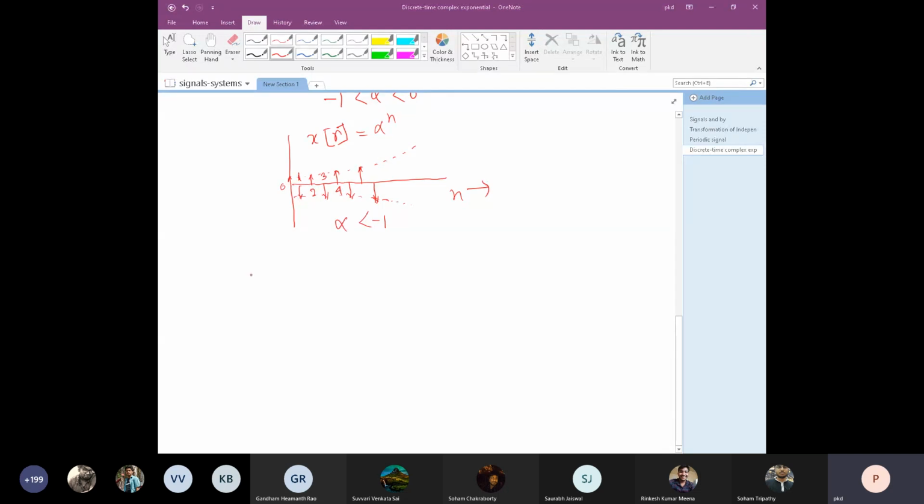Now we can discuss the discrete time sinusoidal signal. That can be obtained from the basic relation C exponential of beta n.